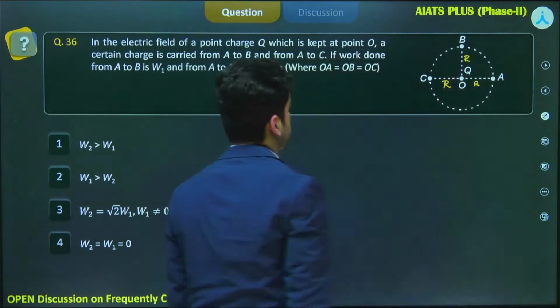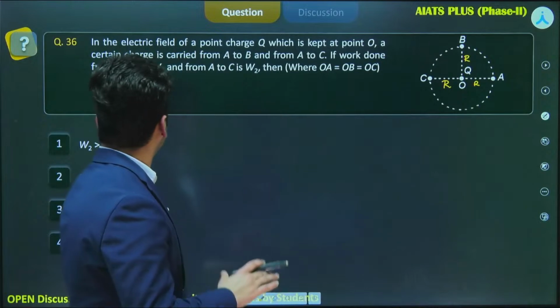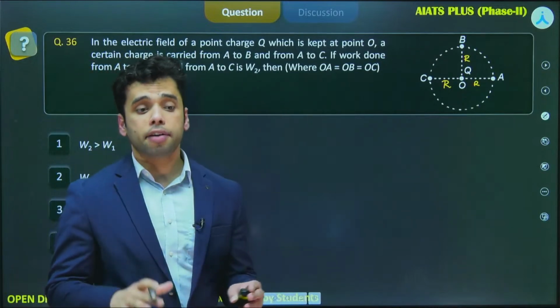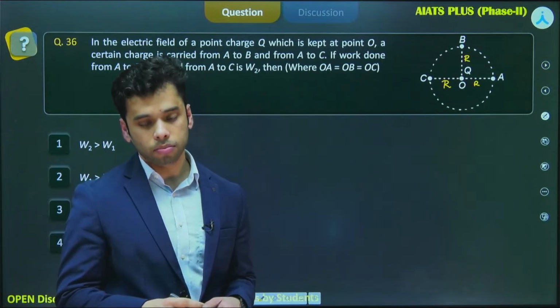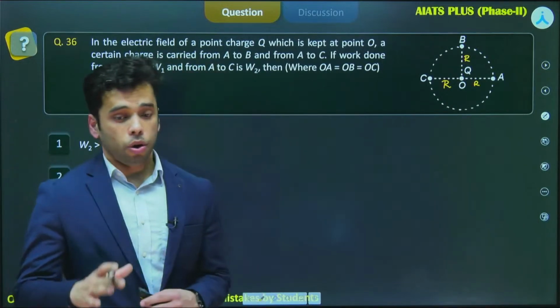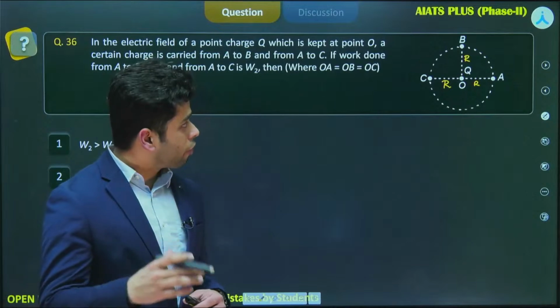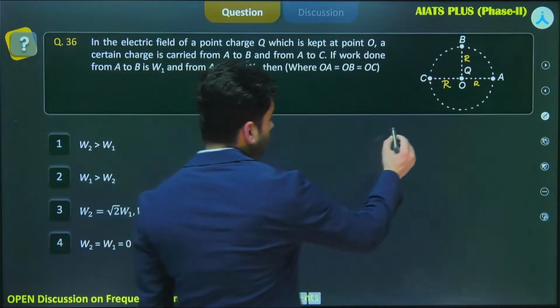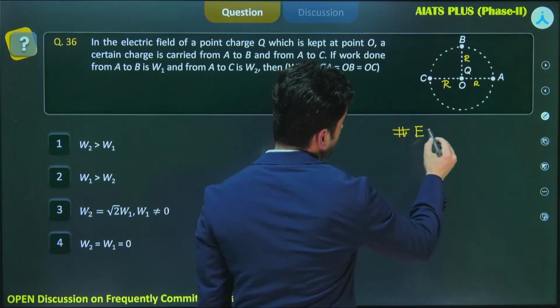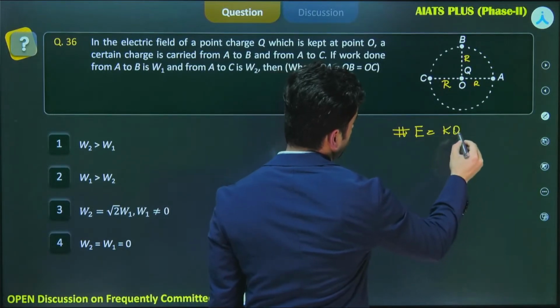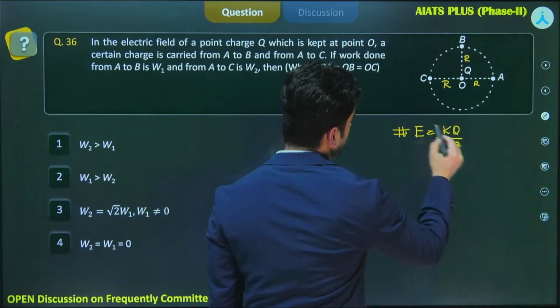Now, dear students, the electric field due to a point charge is given as KQ by R square. I'm writing only the magnitude.